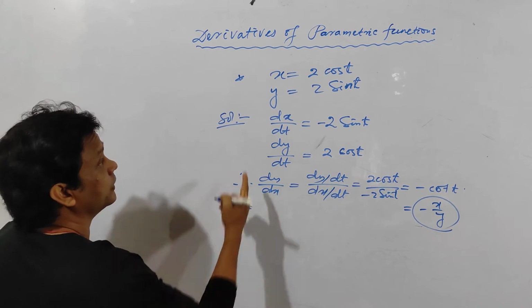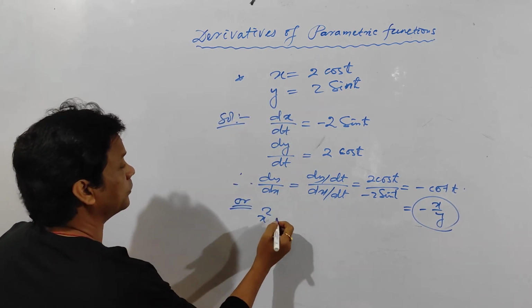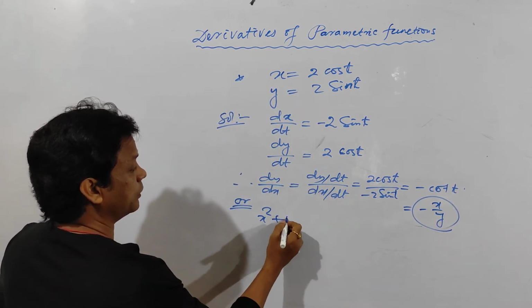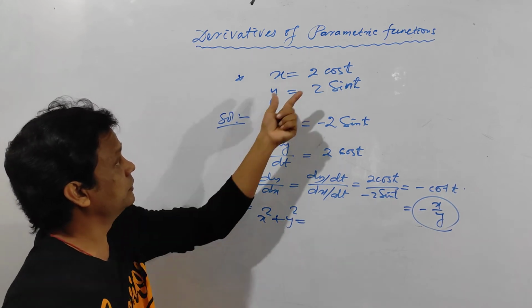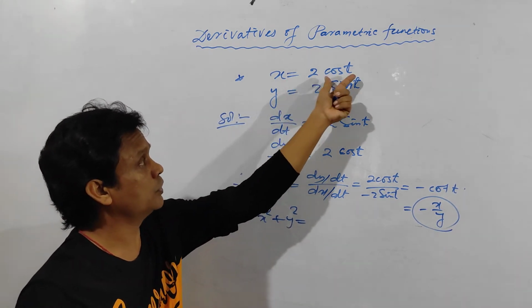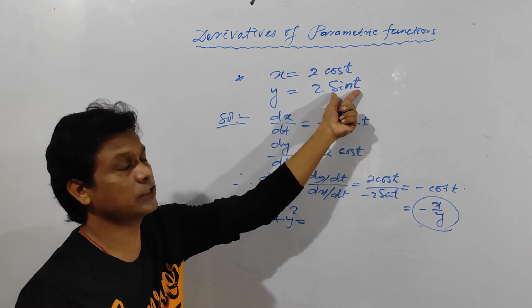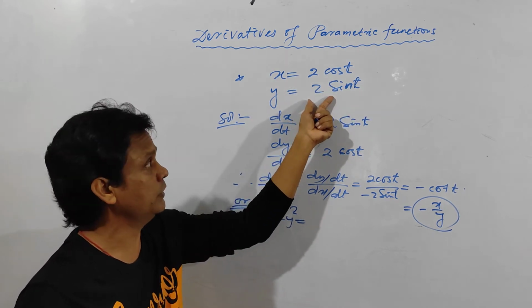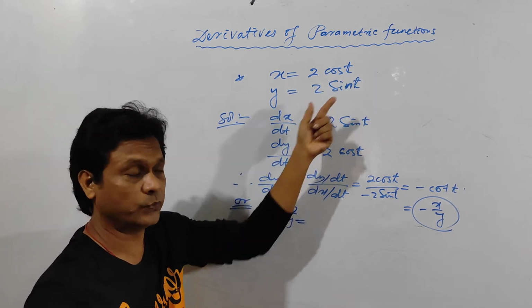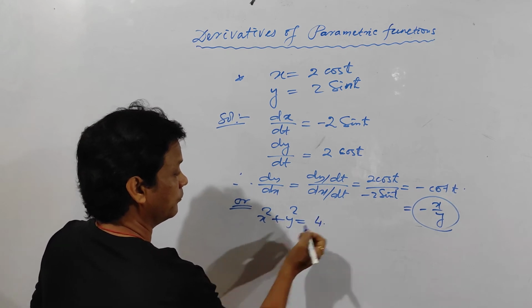Let us take, I am converting to Cartesian form. x square plus y square is equal to how much? 2 square cos square t plus 2 square sin square t. And 2 square take common, it will be cos square t plus sin square t, it is 1. So simply 4. Clear?